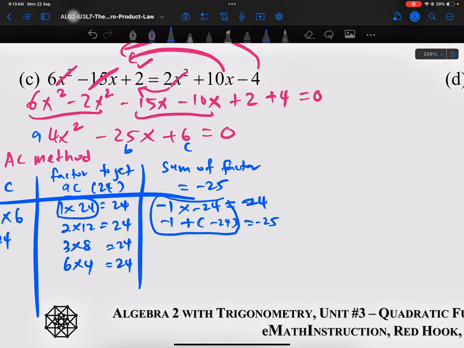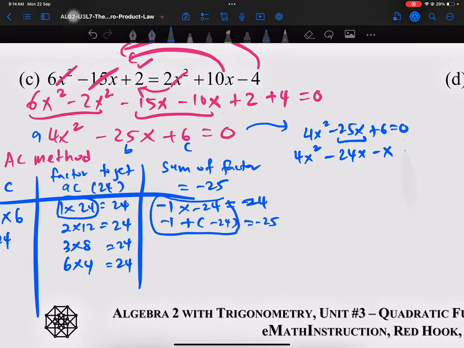Now from here, copy back the equation. Then I rearrange, meaning that instead of minus 25, I change to these two factors. So minus 24x minus x plus 6 equal 0. So then I need to try to factor out. So this one, try to factor out this one.